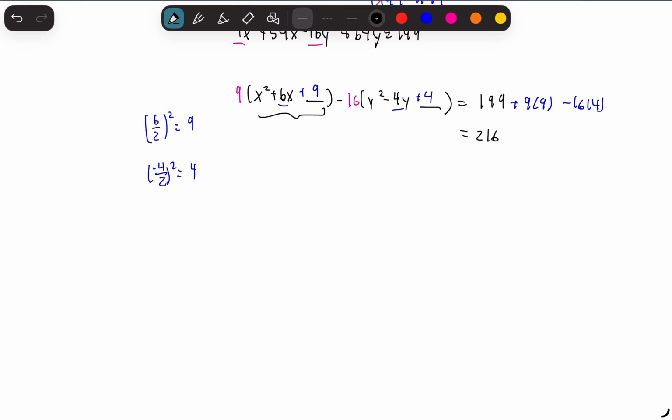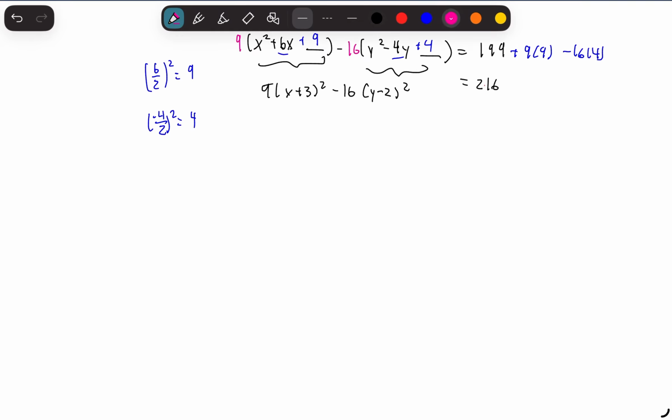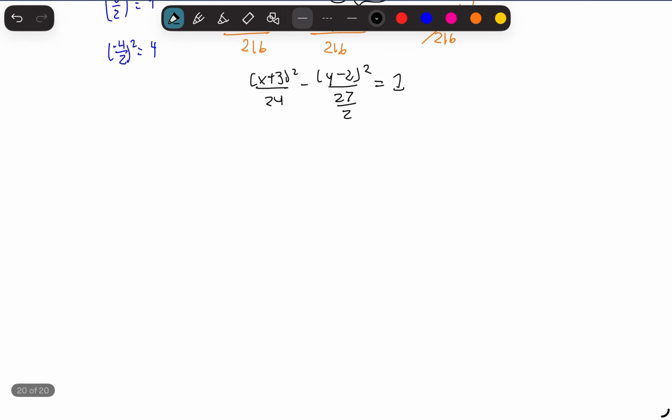And on this side, this is going to be 9 times x plus 3 squared minus 16 times y minus 2 squared. So this is going to give us our next step of trying to get 1, that's because 216 over 9 is equal to 24. 216 over 16 is equal to 27 over 2.